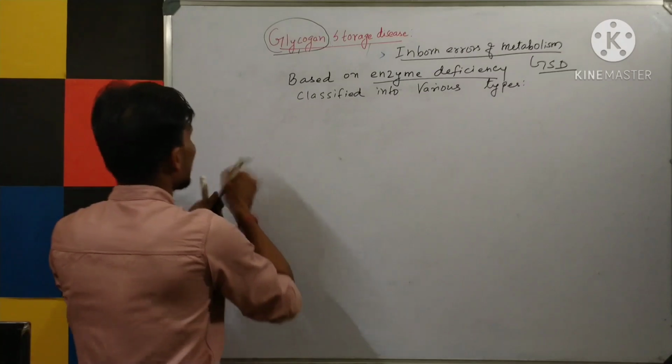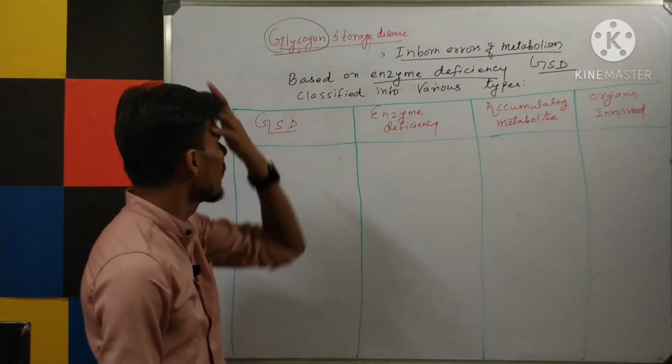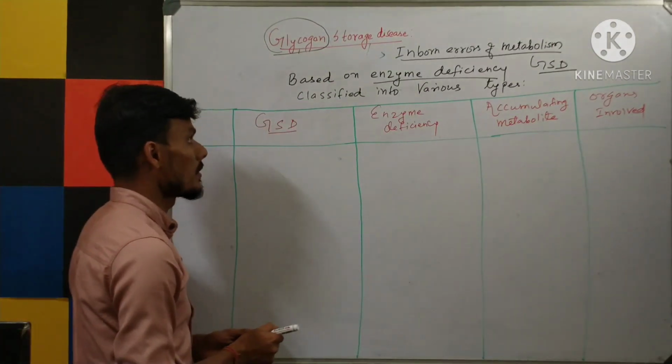We'll see one by one. Okay, we'll draw a table here. Based on enzyme deficiency, the glycogen storage disease can be classified into different types.